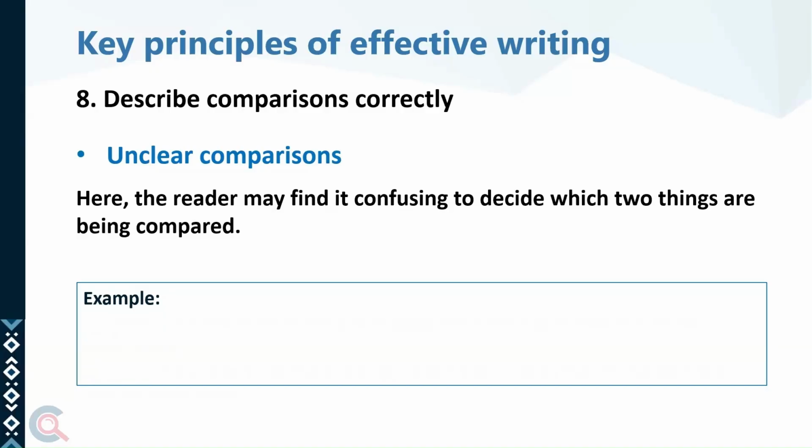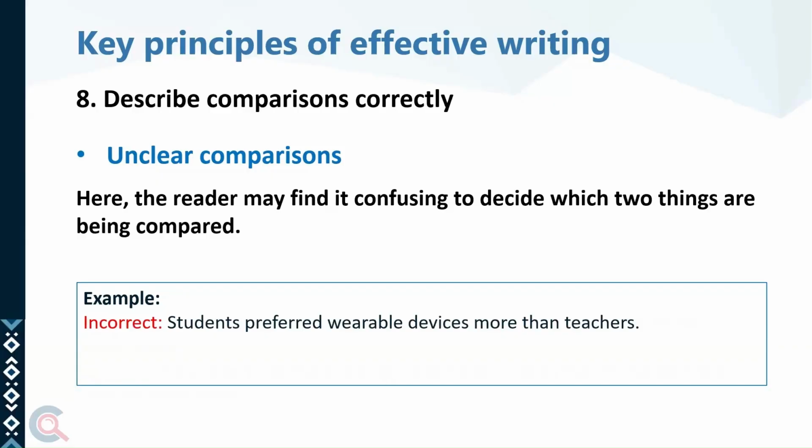The third form of misuse of comparisons is unclear comparisons, where the reader may find it confusing to decide which two things are being compared. For example, "Students preferred wearable devices more than teachers." This may sound correct, but the information we get is that students preferred devices to teachers, which is unclear.